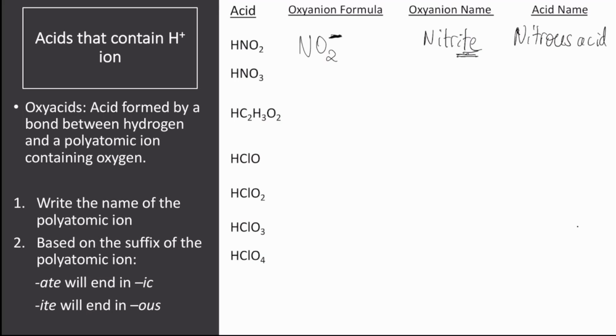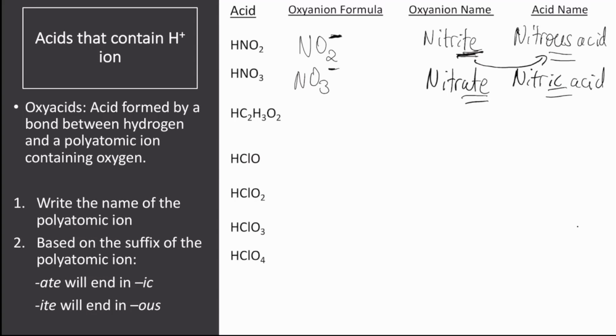The next one is HNO3, and the oxyanion formula is NO3 with a -1 charge. The name is nitrate. So this acid will take the suffix -ic, nitric acid. So we can see for ite, we change it to ous, and for ate to ic.